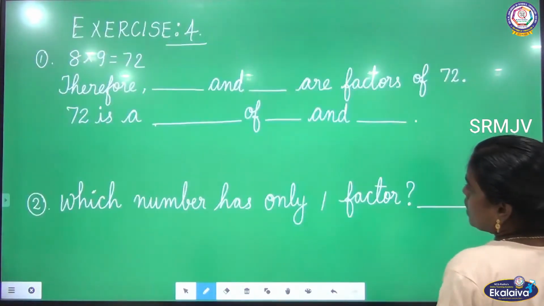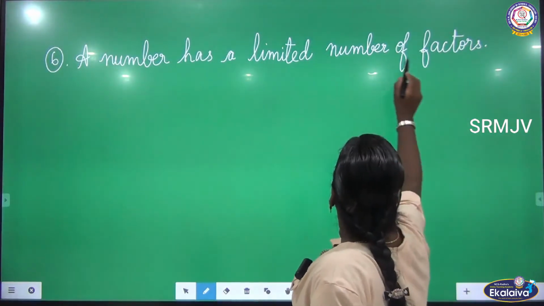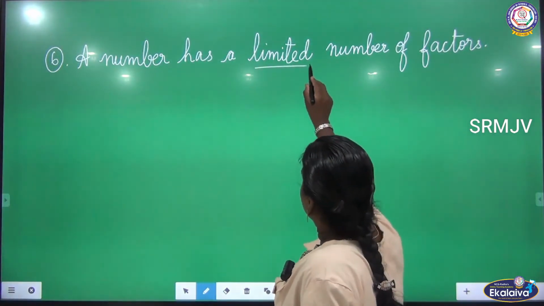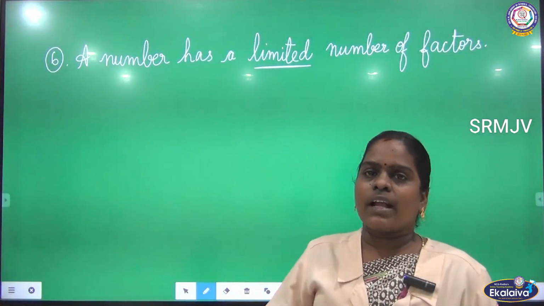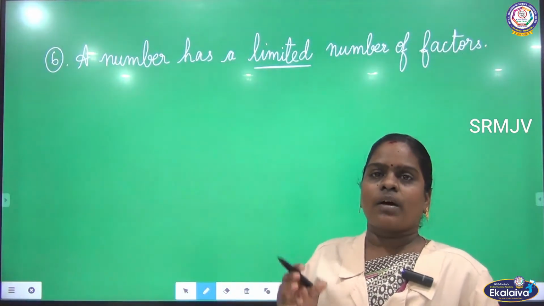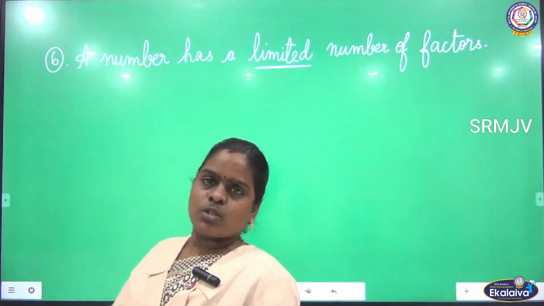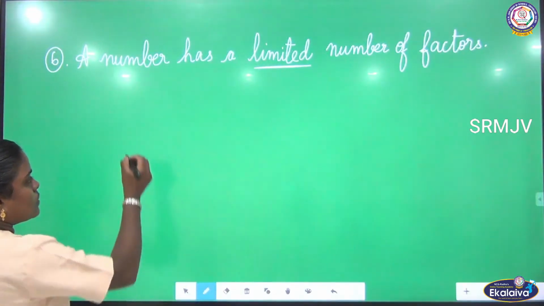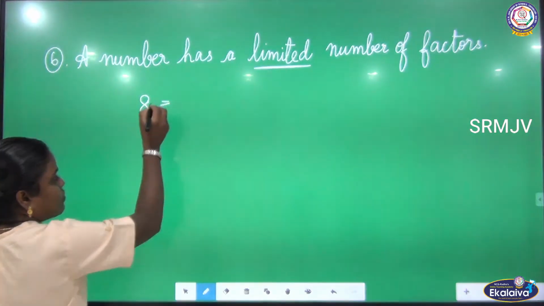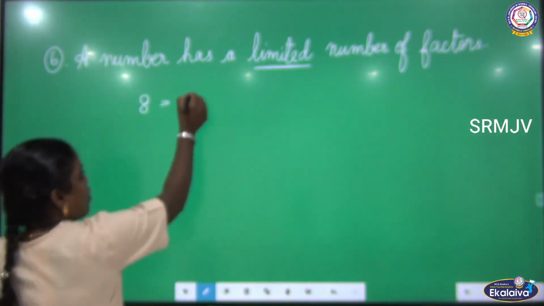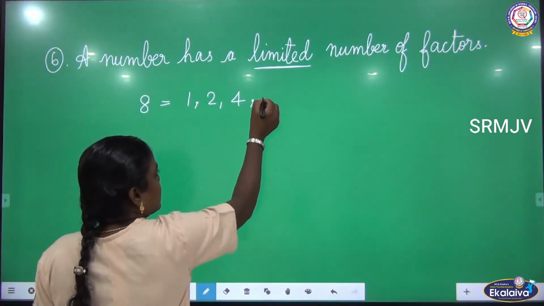And the next property is a number has a limited number of factors. Listen, children, if you want to find the factors of a certain number, it has only a limited number of factors and we cannot find more than that. For example, let us take the number 8. The factors of 8 are 1, 2, 4 and 8.